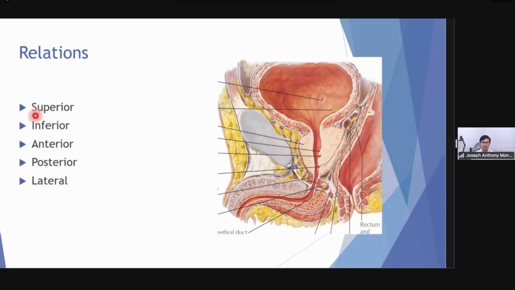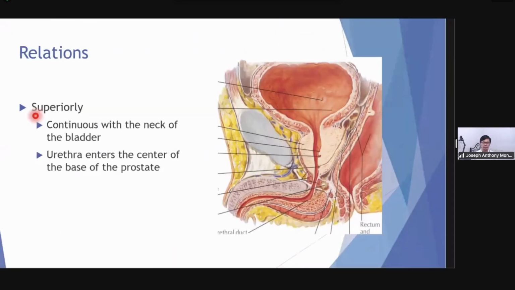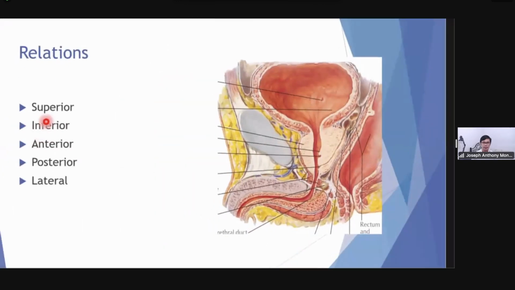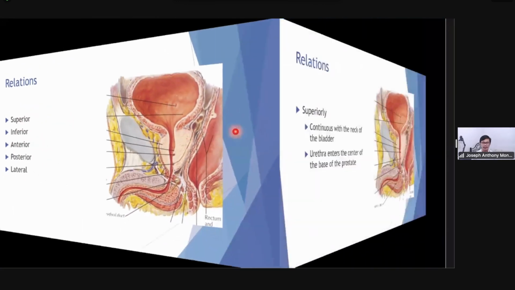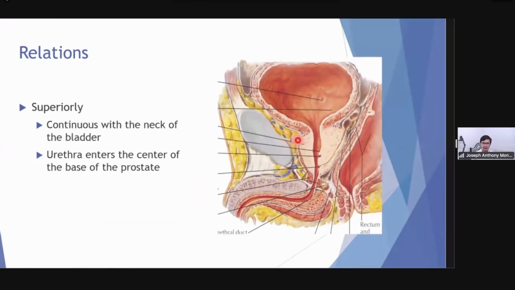So for the superior part, we are to discuss this individually. So superiorly, it is actually just the base of the prostate, and that base of the prostate would have a very close relationship to the neck of the bladder. So, dyan siya. And the urethra enters the prostate sa center.